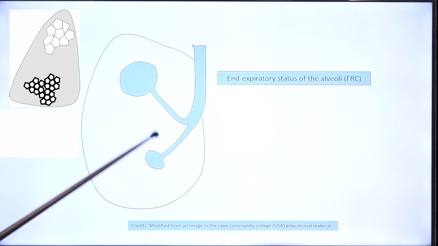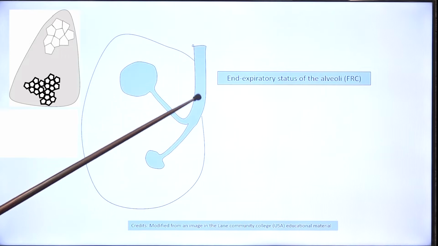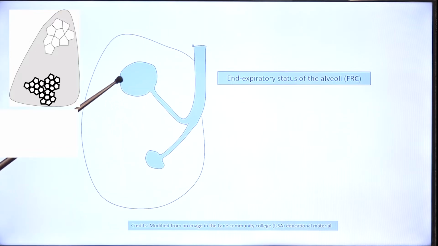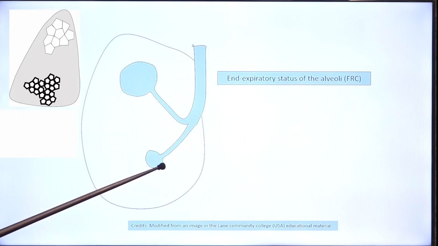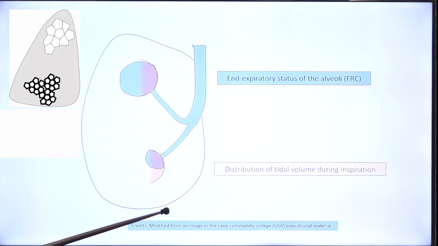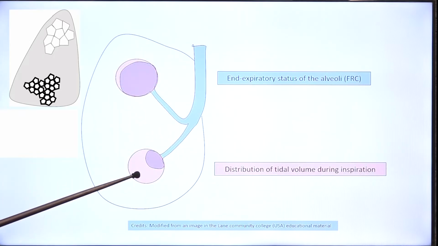But now if this is the situation, at the end of expiration, when you take a fresh volume of air, when you breathe in tidal volume, where do you think the new air will go? Here is a balloon that is partially expanded already and therefore is more tense than this less expanded balloon. Obviously, this less expanded balloon is more compliant and the new air will preferentially go into the base rather than the apex.